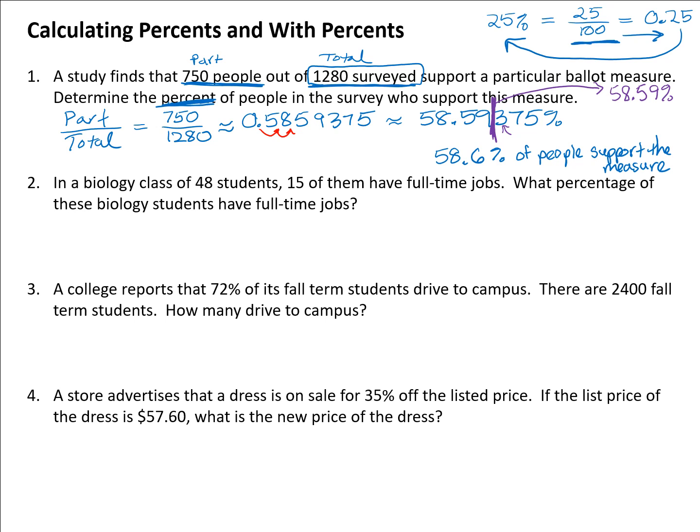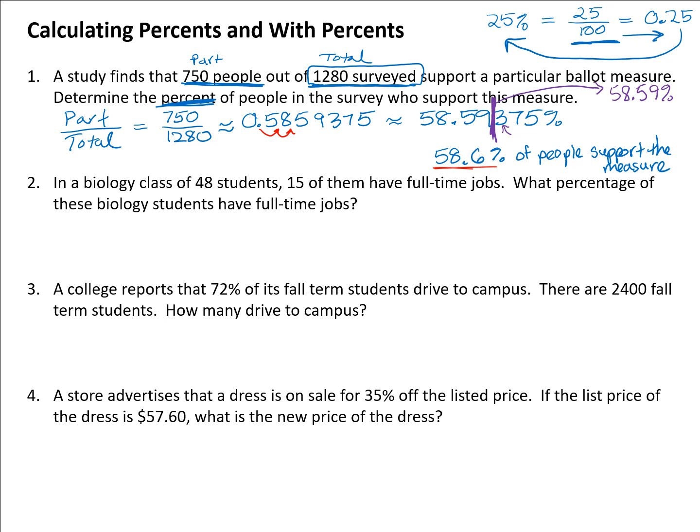Our answer is indeed more than 50%. That is a really rough check. It's not most of them, so it's not going to be close to 100%. It's a little bit more than half, so that's why 58.6% makes sense.